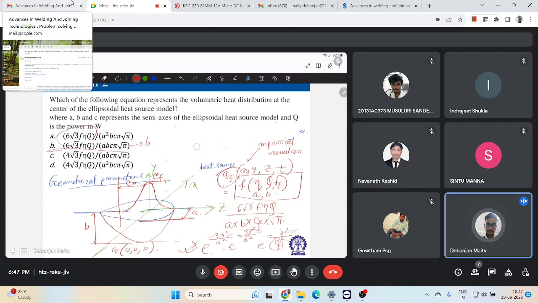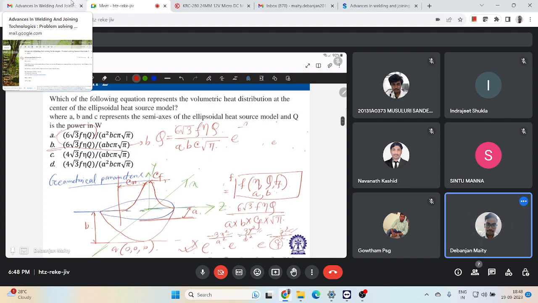So my equation was simply, let's say q was 6 root 3 f into eta into q, divided by a, b, c root pi, into e to the power minus 3x square by a square, into e to the power minus 3y square by b square, and so on.